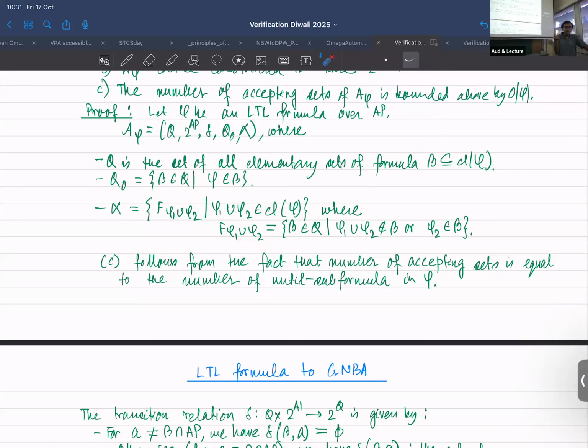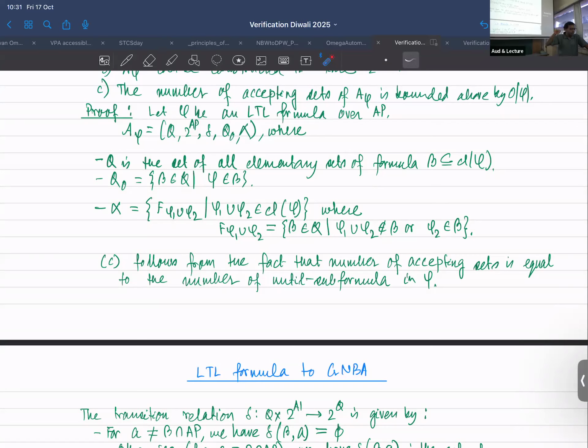Now, how is each such set defined? You have fixed such an until subformula. Corresponding to that, you have such a set of elementary sets. This is the set of such beta such that phi1 until phi2 does not belong to beta, or phi2 belongs to beta. Is the definition clear? Corresponding to every until formula, you get a set, and alpha is again a set of such sets.